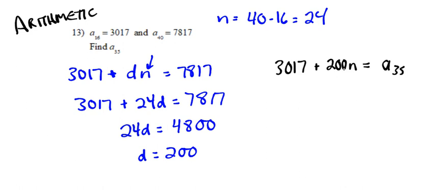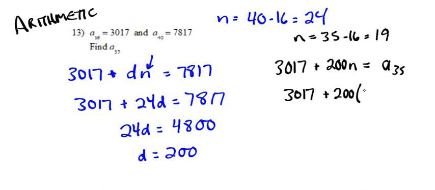So how many times do I have to add it? n is just the difference between those two terms. 35 minus 16 is 19. So as I go between terms, it's just the difference in those term numbers that tells me how many common differences I have to do to get to that 35th term.